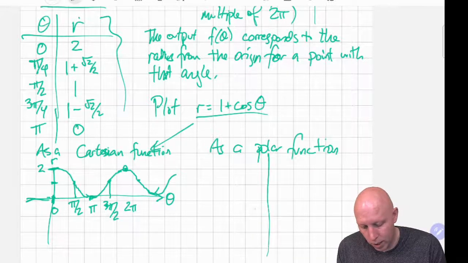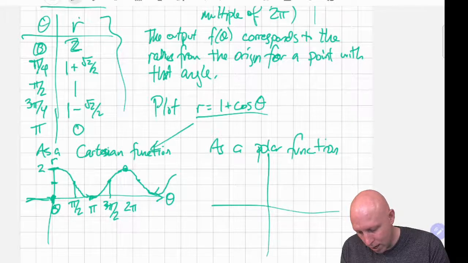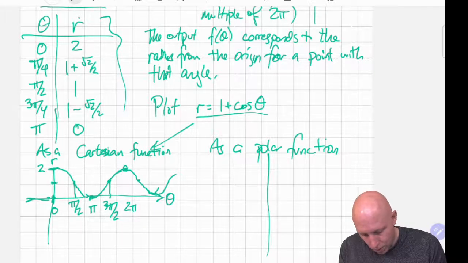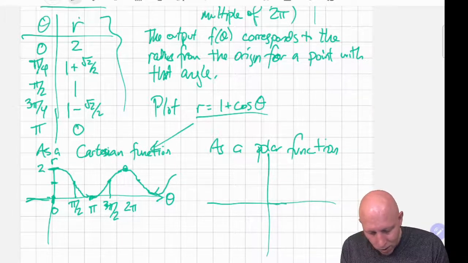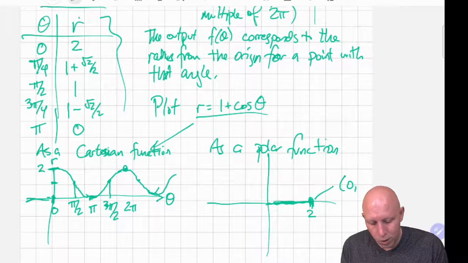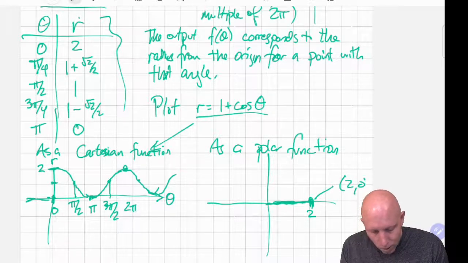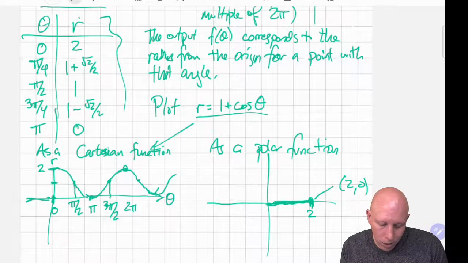Instead of thinking of this point 0, 2 as a point where we're at 0 in x and 2 in y, we need to think of it as a point where we are at angle 0 but radius 2. So this point is r comma theta, 2 comma 0, where r is 2 and theta is 0.